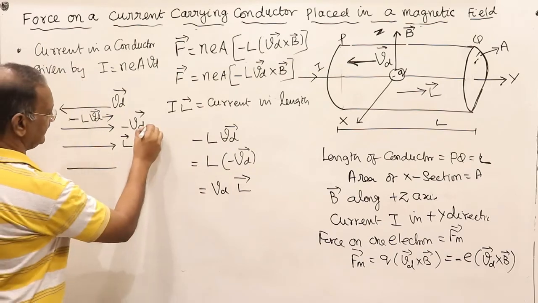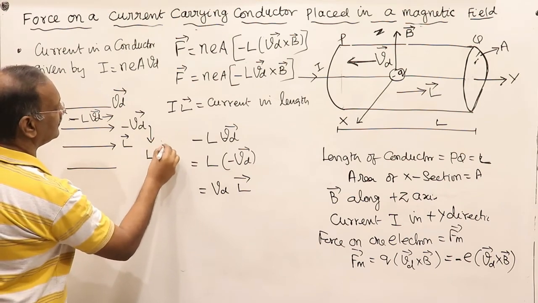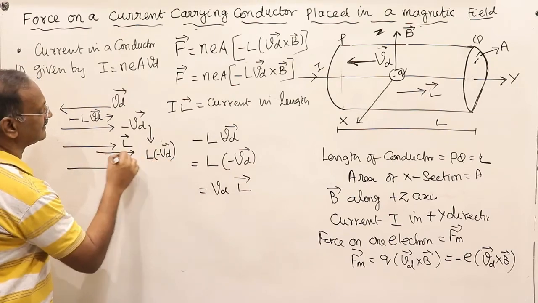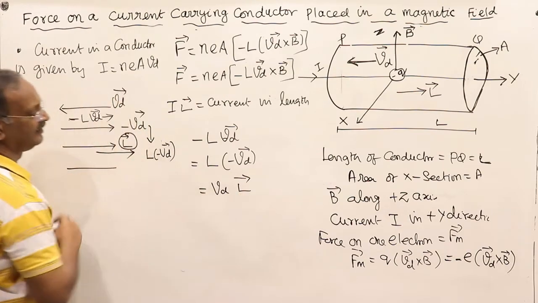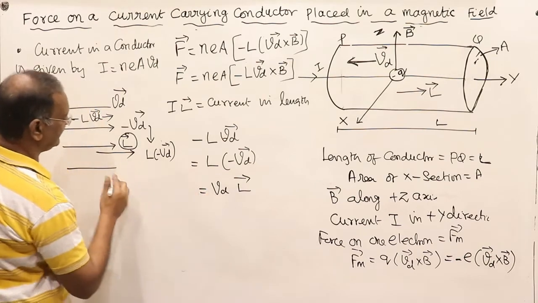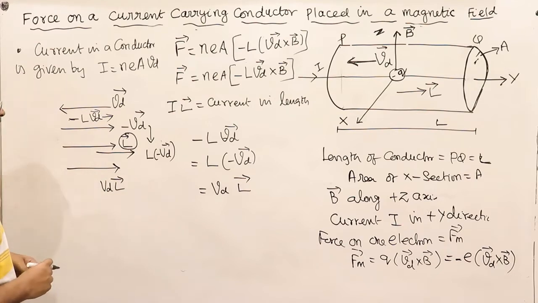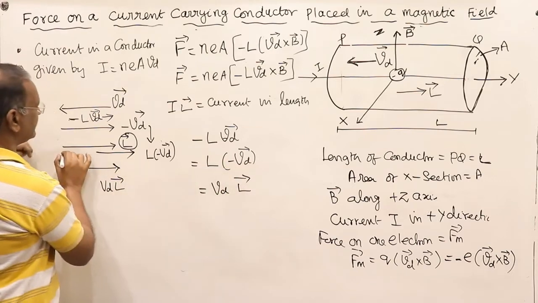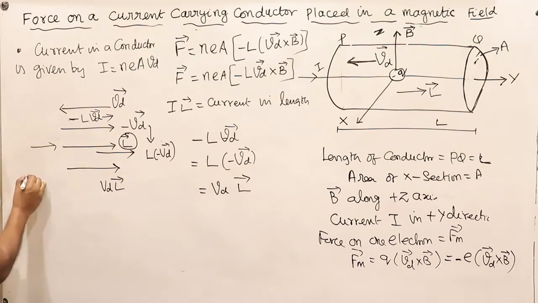So L minus Vd is in this direction, and Vd into L vector is also in this direction.